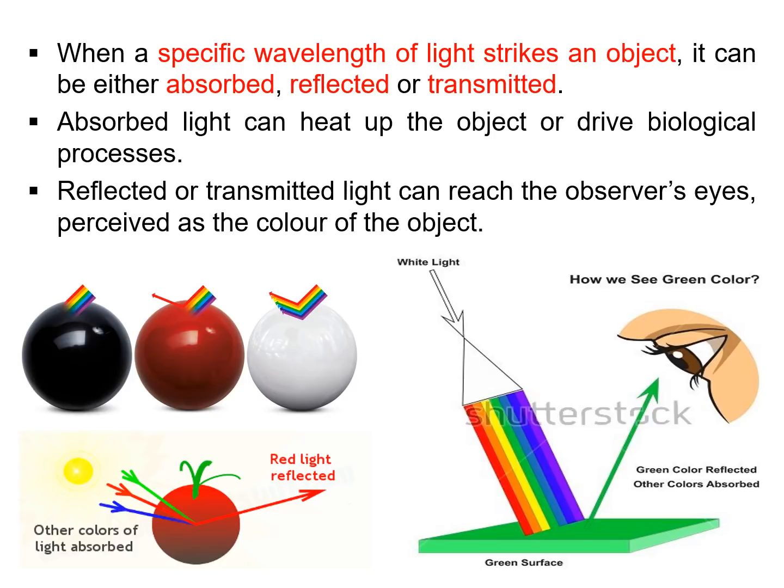Meanwhile, the remaining light may be reflected or transmitted, which is why we see the leaf as green. So what I mean is that reflected or transmitted light can reach the observer's eyes, and this is perceived as the color of the object.